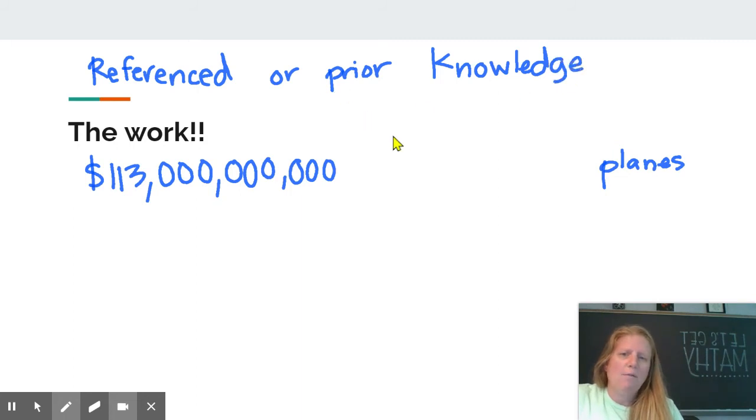So I have to take that reference knowledge now and convert it. Well, I want to end up with planes as my final answer. I'm starting off in my numerator here with Jeff's current wealth. So that means I need to have the cost of a plane in the denominator in the next one.